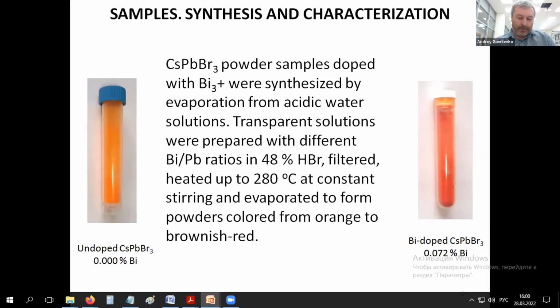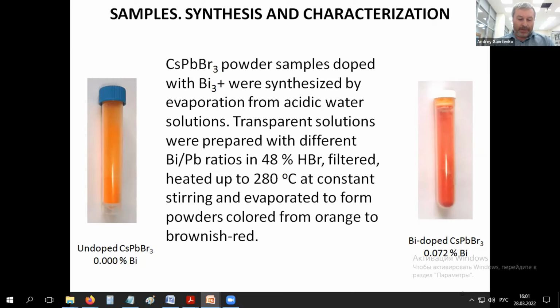The synthesis of CsPbBr3 perovskite powder: 2 millimoles of lead bromide and 1 millimole of cesium bromide were dissolved separately in 10 milliliters of HBr. Then the lead bromide solution was added dropwise with rigorous stirring to the clear solution of cesium bromide.